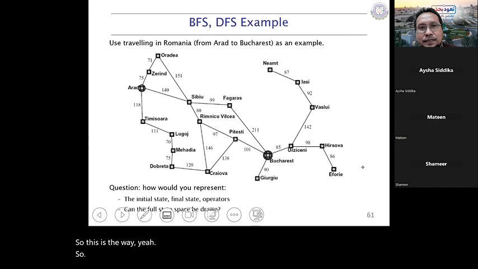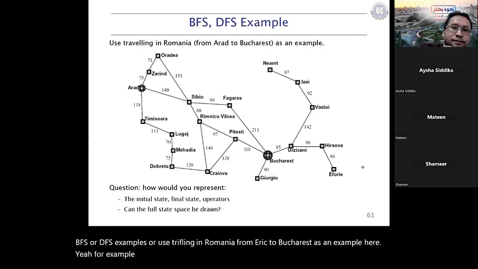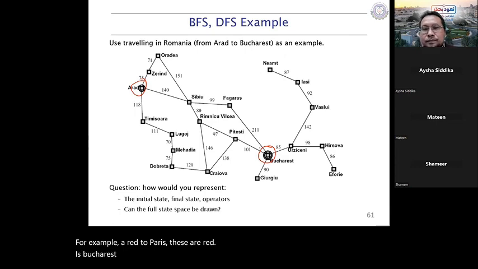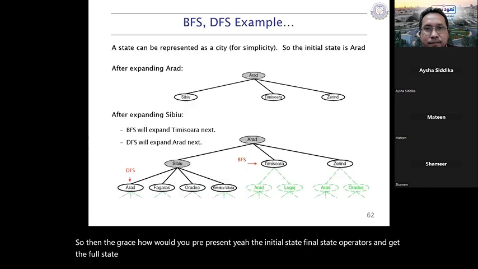For the BFS or DFS example, we use traveling in Romania, from Arad to Bucharest. This is Arad. This is Bucharest. So then the question: how would you present the initial state, final state, operators, and can the full state space be drawn from this?